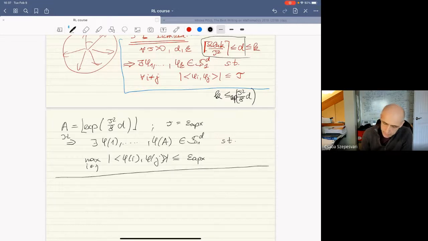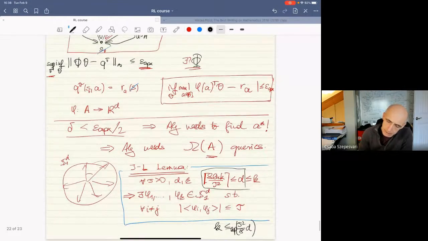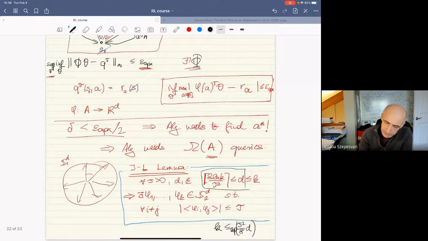So why is this good? Well, we need to satisfy that the reward function, no matter what A star is, can be represented with the features.